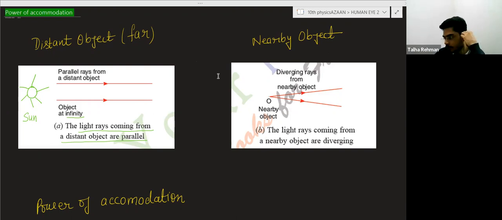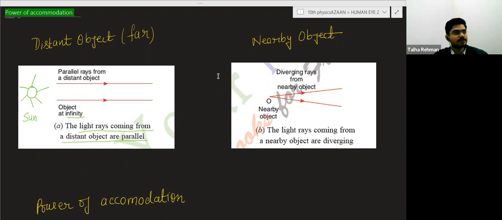Now, power of accommodation. Our eye has the ability to focus on the distant object as well as on the nearby object. This ability of the eye is known as the power of accommodation. How does the power of accommodation take place?